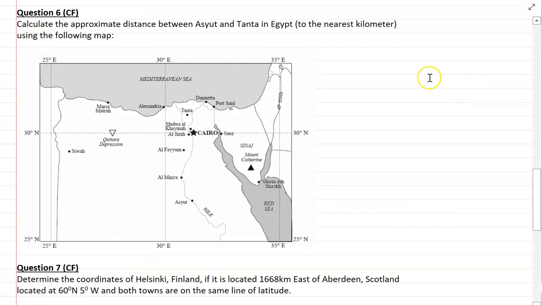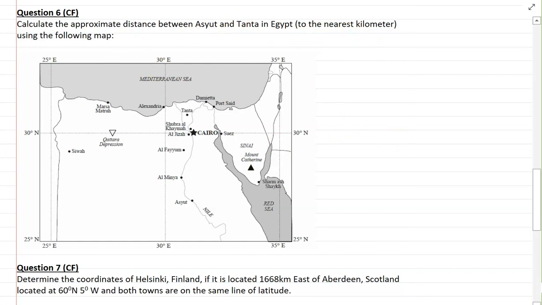All right, moving on to a more complex familiar question. We have a map here and we're told to calculate the approximate distance between Asyut and Tanta in Egypt. Not sure if I'm pronouncing those properly, but that's my best guess. And we need to do that to the nearest kilometre using the following map.